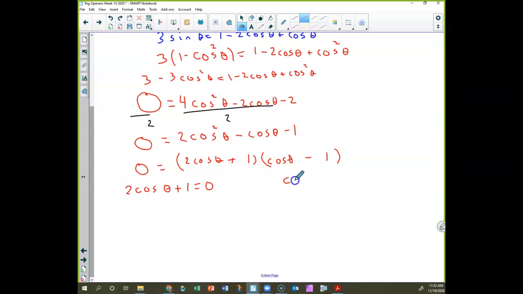You had several problems in your formative yesterday where factoring helped us to solve. And it's not uncommon to have to use the Pythagorean identity to rewrite in terms of one trig function. So we have cosine is equal to negative 1/2. We'll subtract 1 and divide by 2. Or cosine is equal to 1.